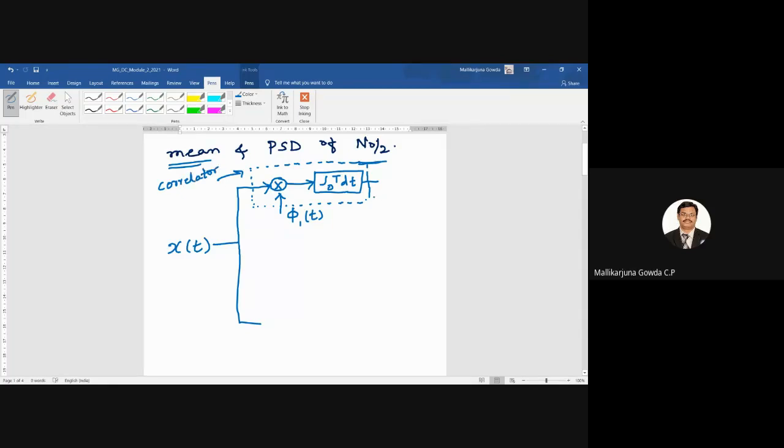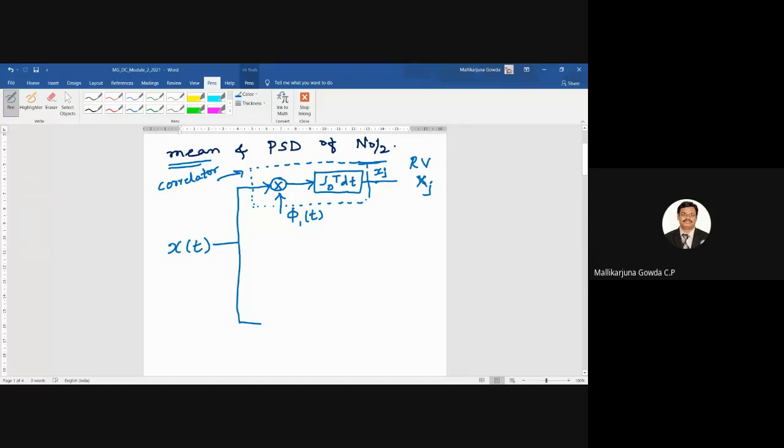What will be the output of this correlator? The input is x of t, and the other input to the multiplier is phi 1 of t, integrated over the interval 0 to T. I write the output as small xj. This small xj is the sample value of the random variable capital Xj.